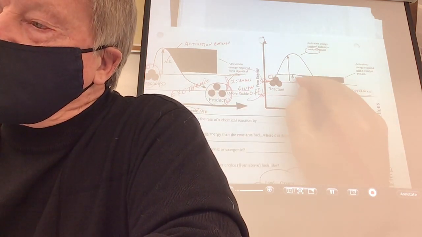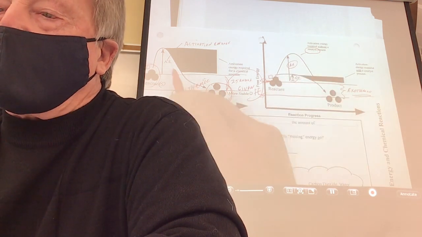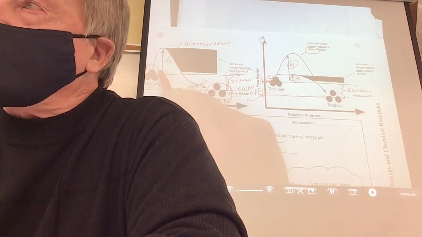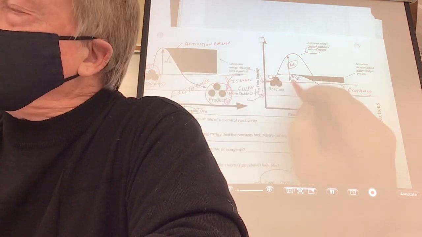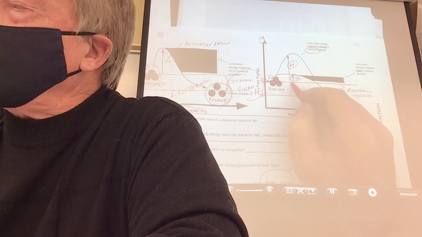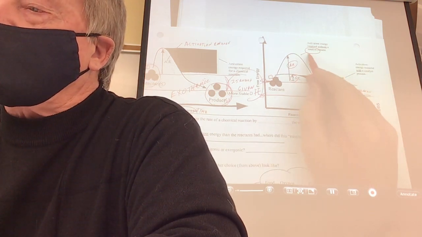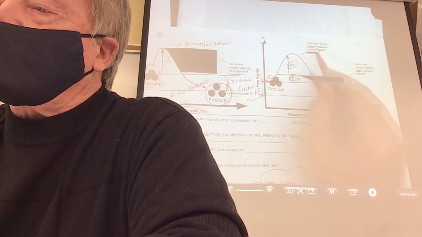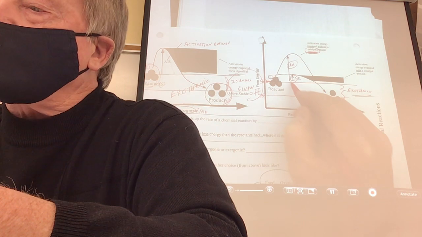Now, what's different about this drawing than that one? And look right here. Here, I had to have a lot of activation energy. See that? A lot. Just to get him to react. Well, what happened here? And the theory is that, what does a catalyst do? A catalyst allows the reaction to take place faster because what does it do?